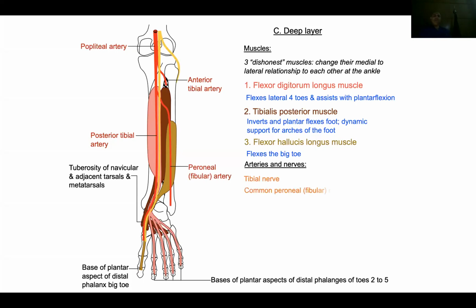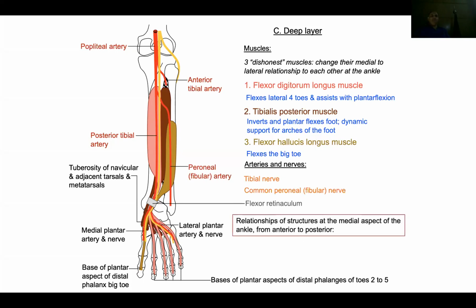Tibial nerve, you can see it's dividing. Common fibular nerve. Any issue so far? So they divide, give digital branches, and they supply there. There's a retinaculum, flexor, because these are the flexor muscles. This is the place. A mnemonic to remember them, relationship.